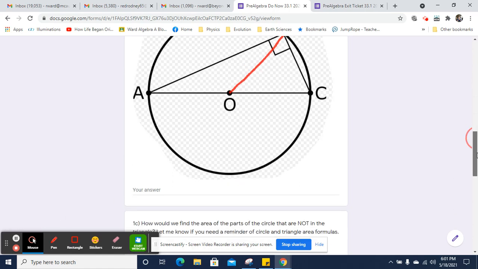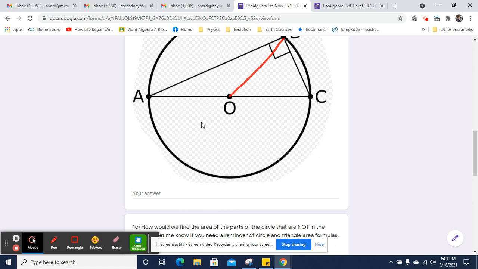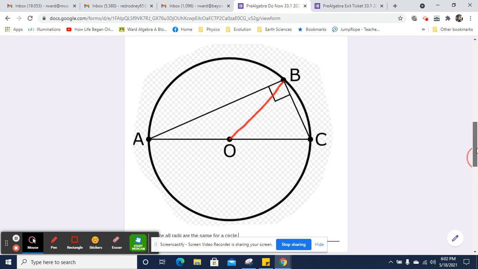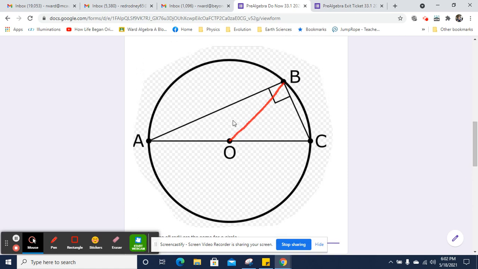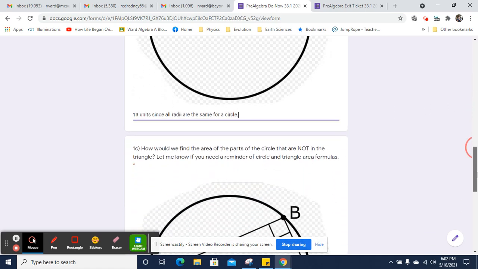So AO is 13, OC is 13, and OB is 13. So 13 units. All radii are the same for a circle. AC happens to be a diameter, so OC, OA, and OB are all half the diameter.